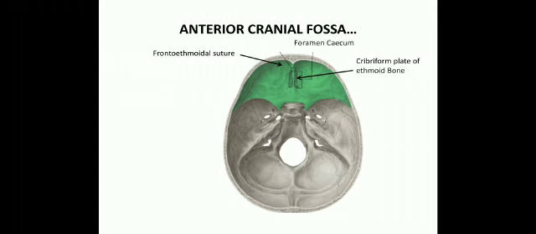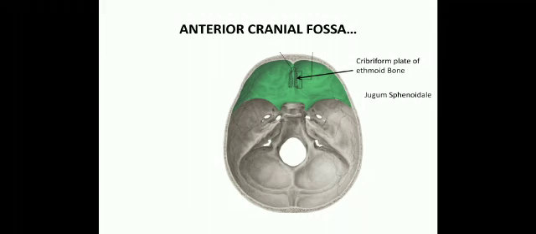The foramen cecum is present in the median plane. Usually this foramen is blind, but sometimes it may be patent. The posterior margin of the cribriform plate articulates with the jugum sphenoidale. Here, at the junction of the cribriform plate and the frontal bone, we can appreciate the anterior ethmoidal canals.